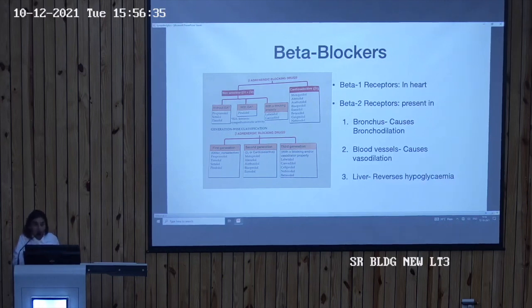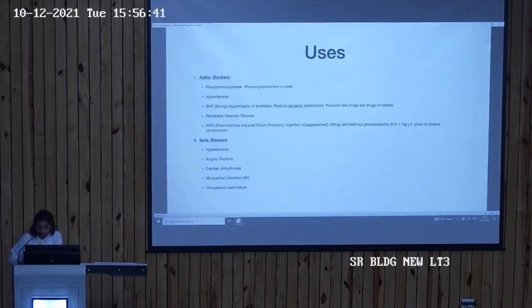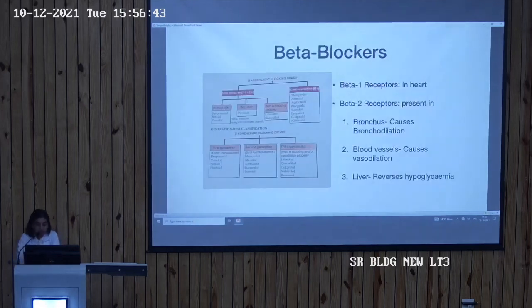If they are causing vasodilation and we are blocking these receptors, it will lead to vasoconstriction. That is not a good thing in those who have peripheral vascular diseases.